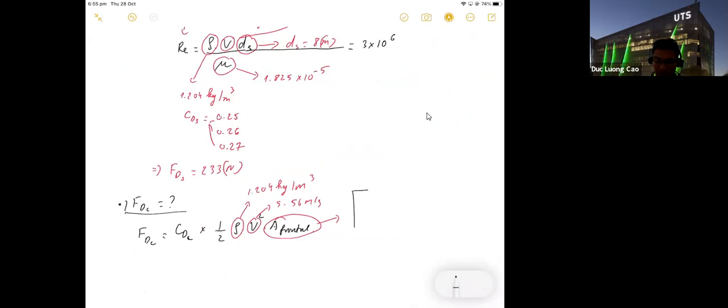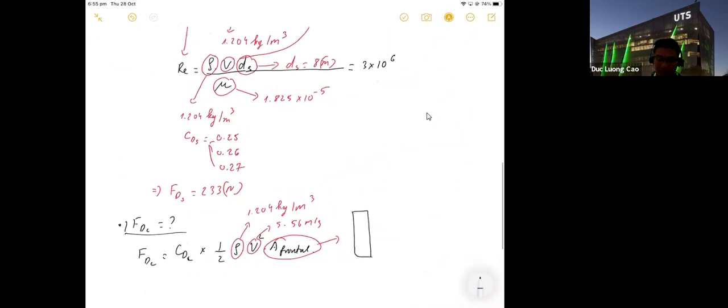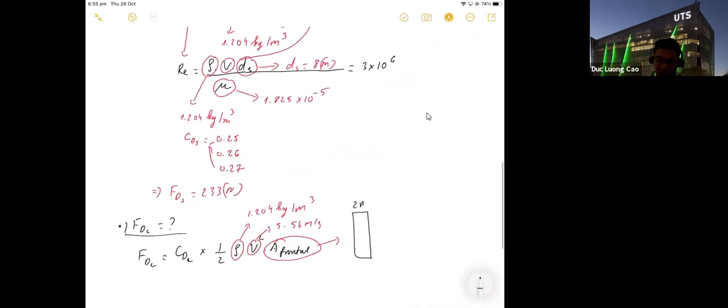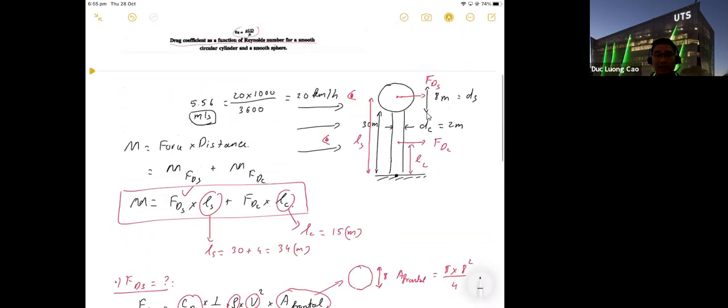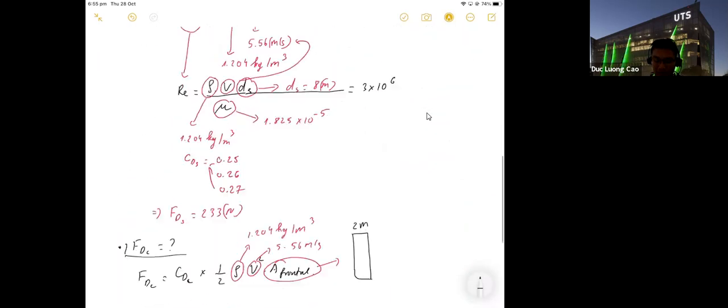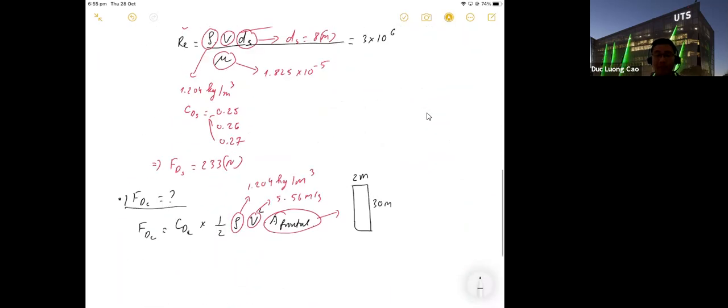One side is the diameter of the cylinder, and the other is the length of the cylinder, 30 meter. So the frontal area is 2 times 30.